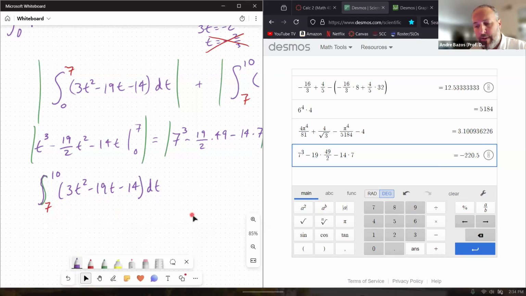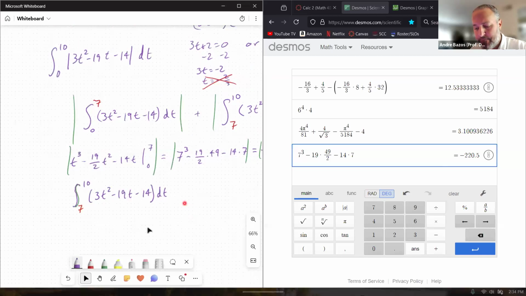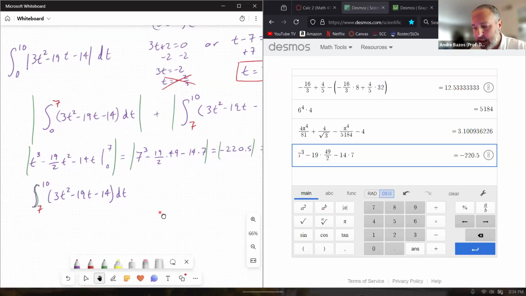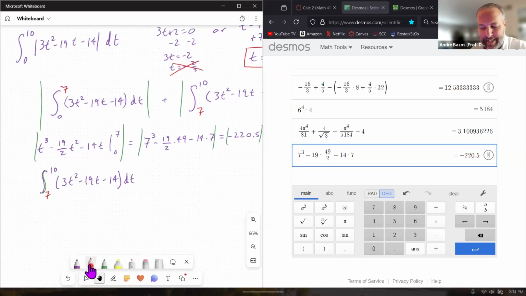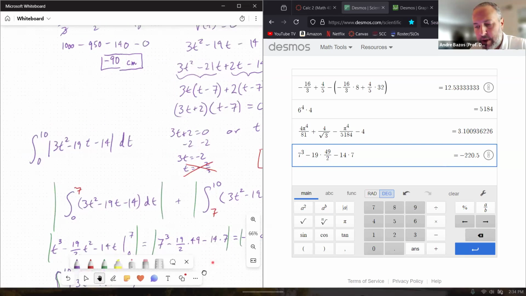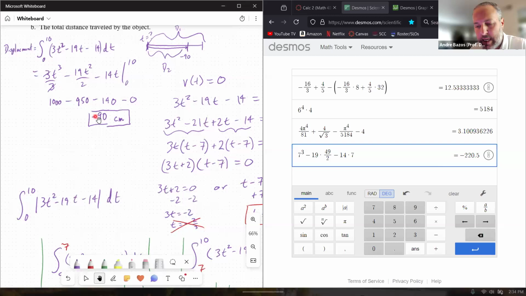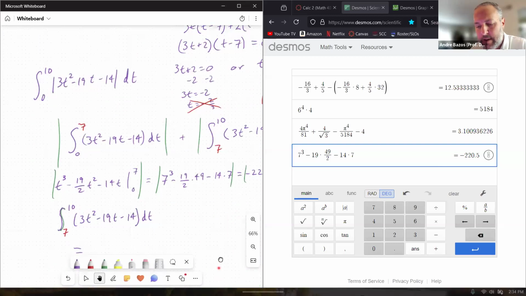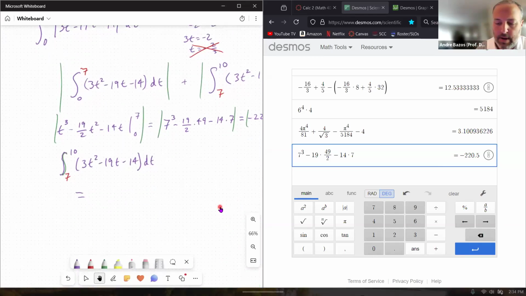All right, so we already found 7 when we plug it in. We just did it. It's the negative 220.5. Can't say numbers today. So when we do this, we can use those results. We even found the 10. When we plugged in 10, we did that up here. What did we get? We got negative 90, right? So plug in 10, I get negative 90.